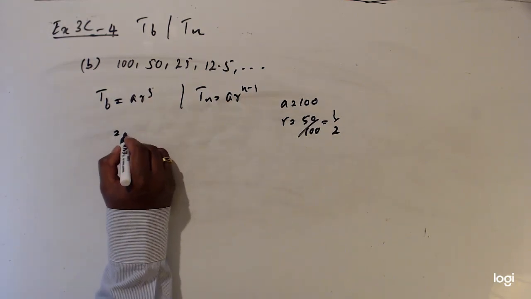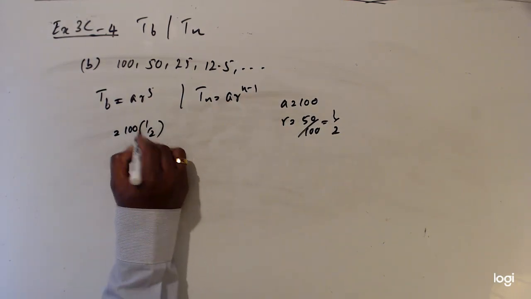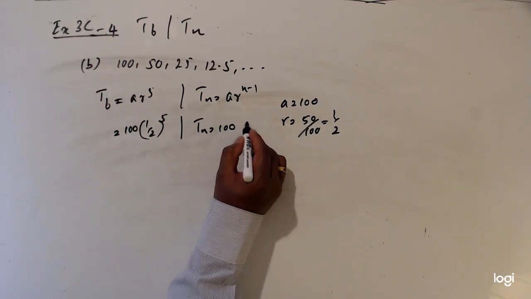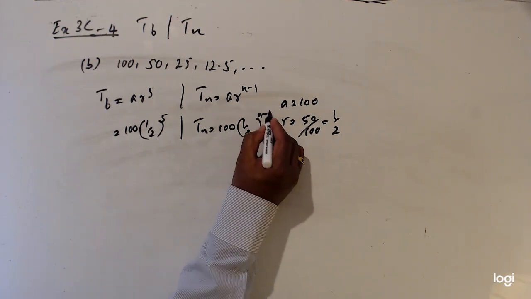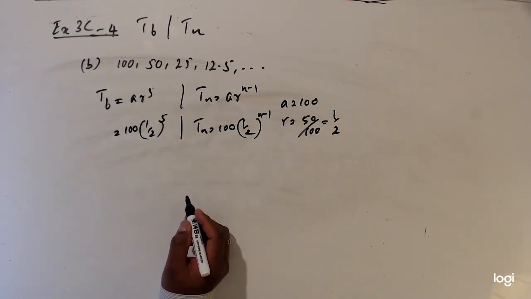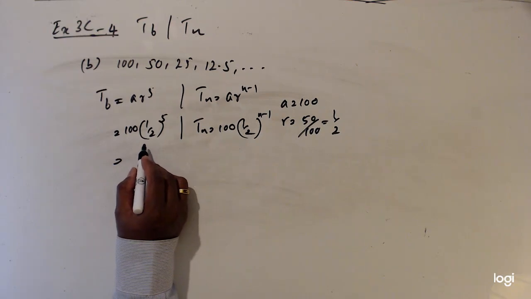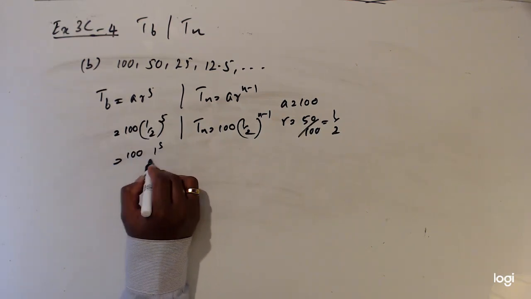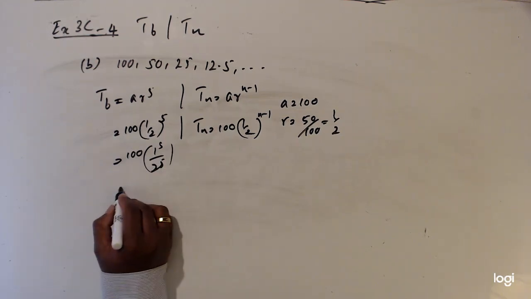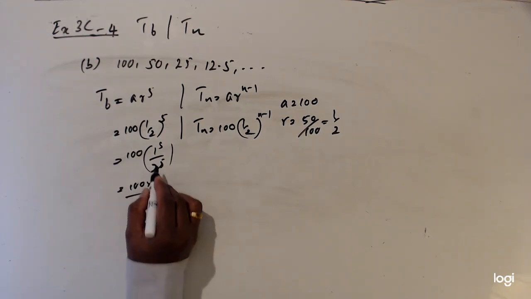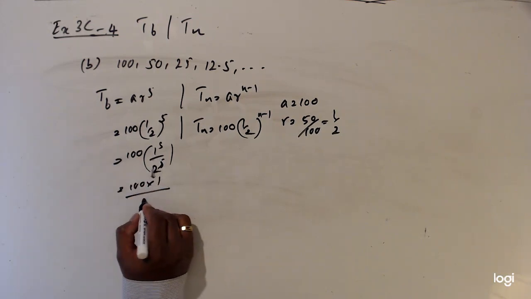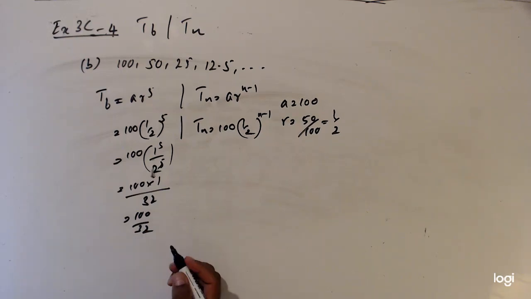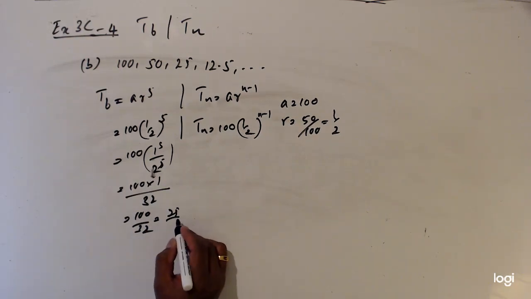So the 6th term is 100 times half to the power 5, and the nth term is 100 times half to the power n minus 1. So 100 times 1 over 2 to the power 5, that is 32. 100 over 32, that is 25 over 8.